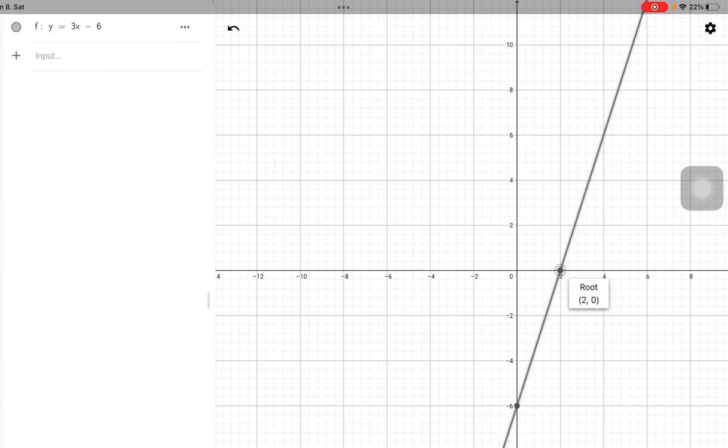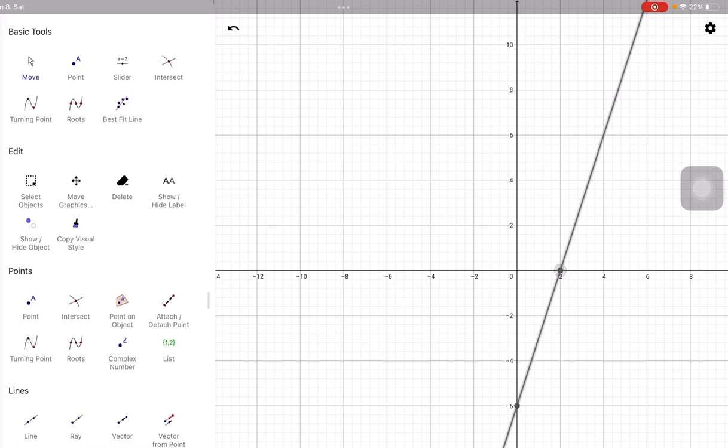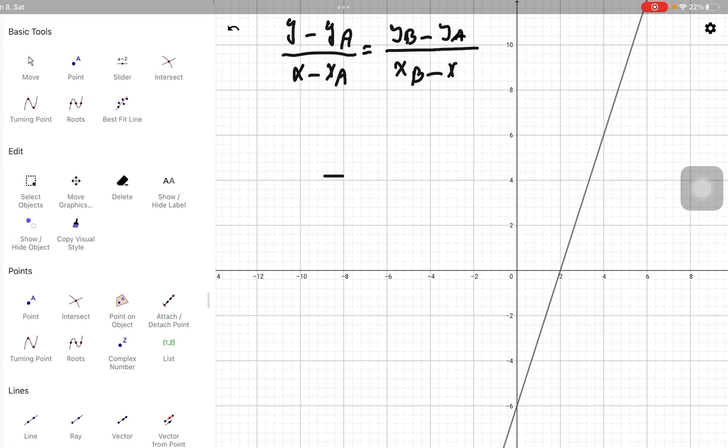For example, I want to use this formula. There is a very good formula. The formula is y minus ya divided by x minus xa equals yb minus ya divided by xb minus xa.